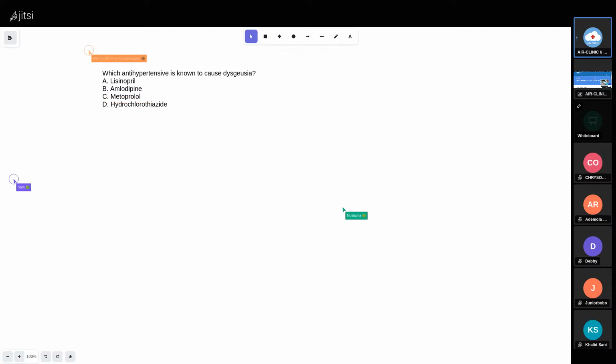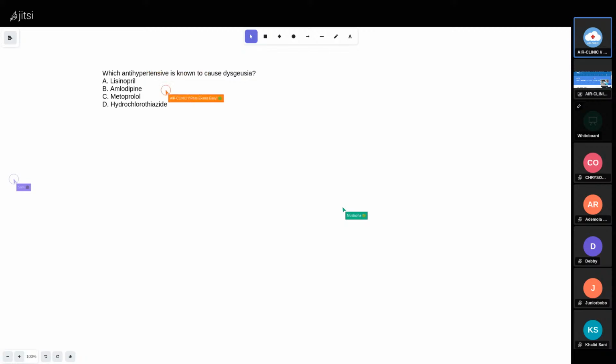The options include lisinopril, amlodipine, metoprolol, and hydrochlorothiazide.